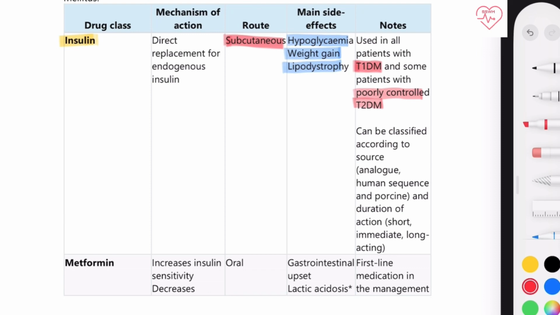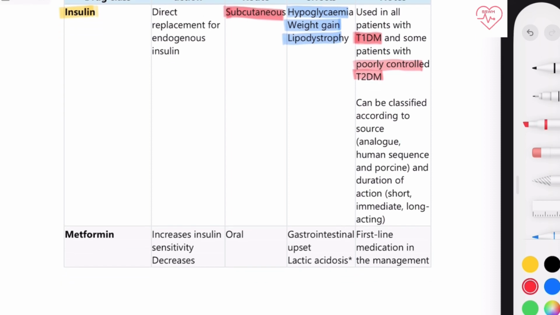Type 1 diabetes mellitus really needs insulin only. If poorly controlled type 2 diabetes mellitus, there will be a need for insulin. Route is subcutaneous, but there are some side effects: hypoglycemia, weight gain and lipodystrophy. Correct? You are done with this.